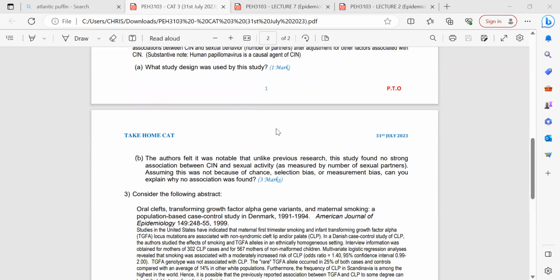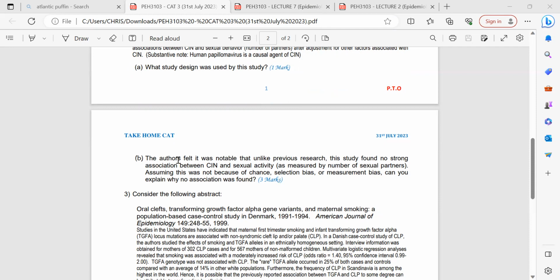See, type 1 and type 2 errors are part of chance. Yes, those belong to chance. So that rules out type 1 and type 2 errors because we are told there was no chance. So we can work with the confounding variable, then we try and come up with a point that will support you to get 3 marks.